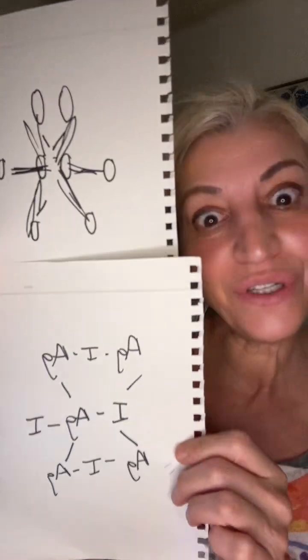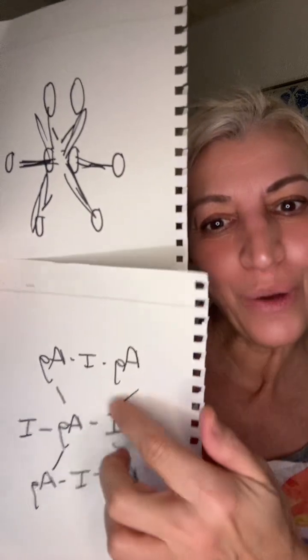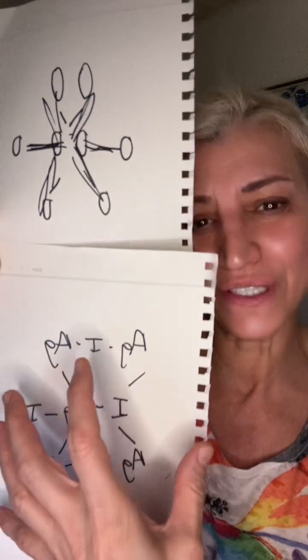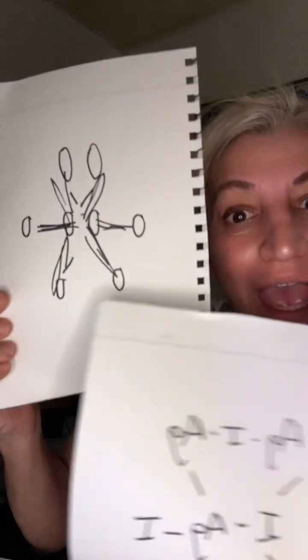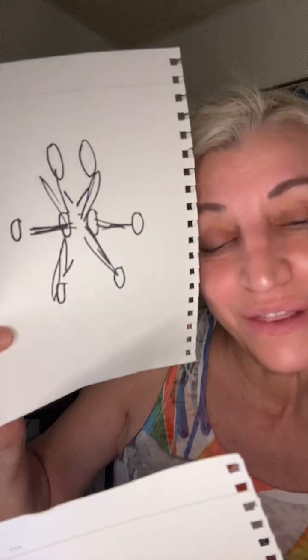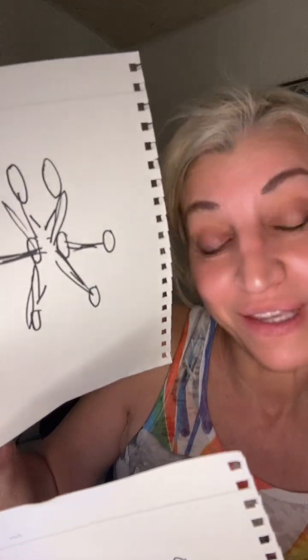Can you see the difference? How one almost looks like an hourglass with a point. I sort of call this the nanoparticle shape, and this looks like a star, a snowflake. This is silver iodide. This is the molecular composition of ice.